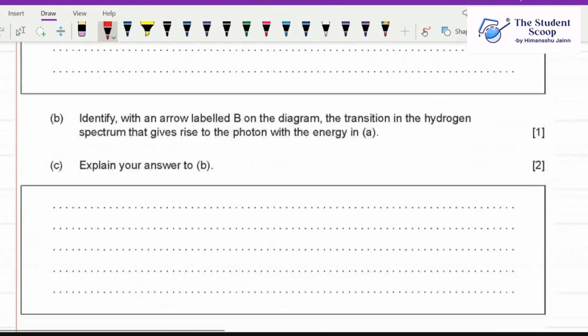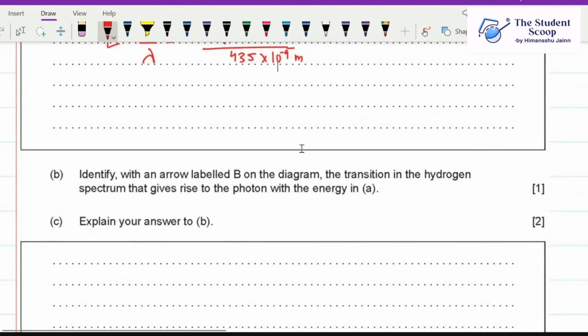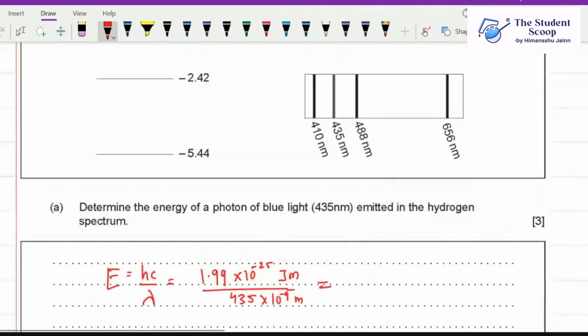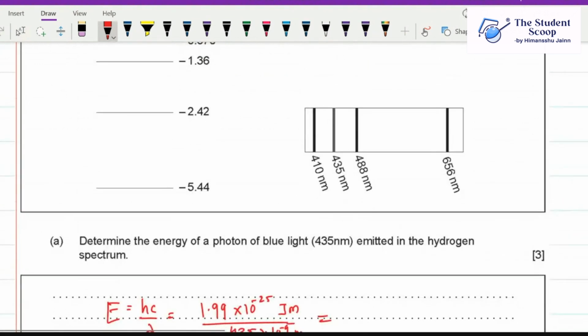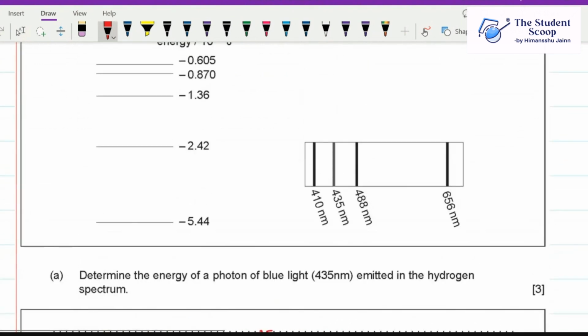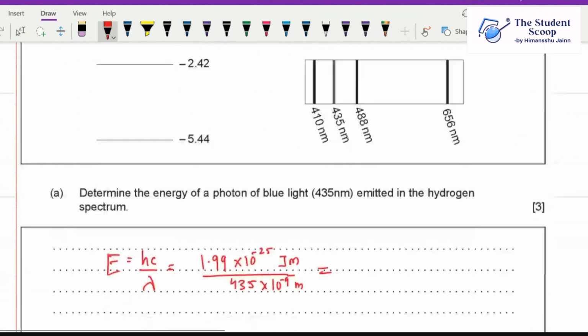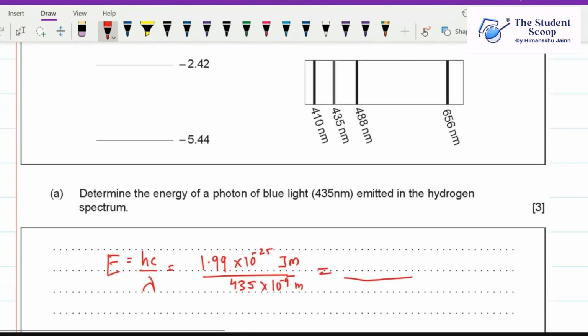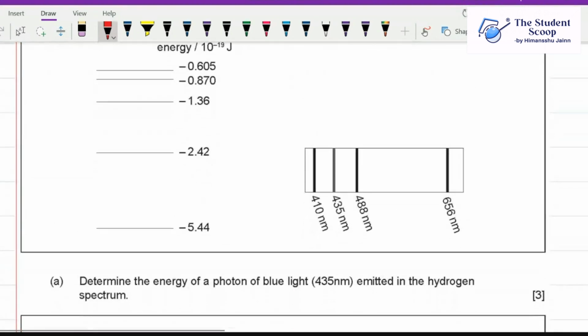Apart from this, identify which energy level transition is possible to give rise to the photon of this. So let's say we calculate this, and we will get some difference of, let's say, 3.5 or 7. Now what we need to do is first find this number, and once we get that value, we have to compare the difference between which two energy levels.